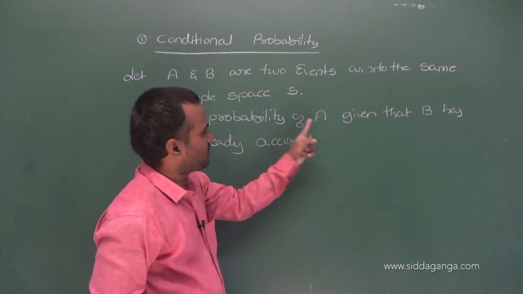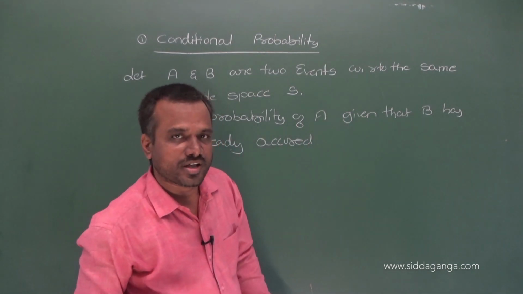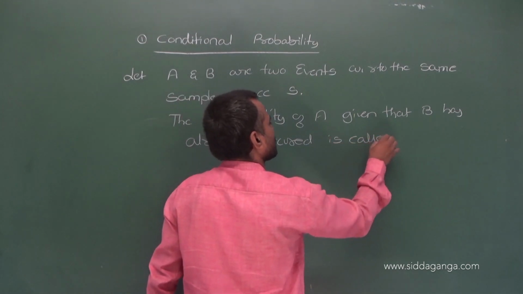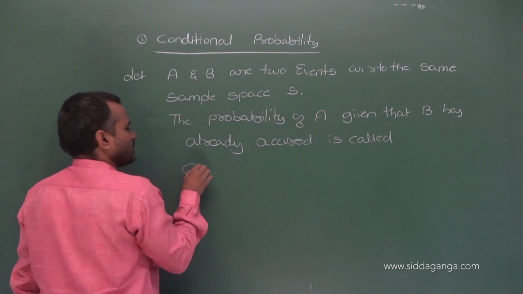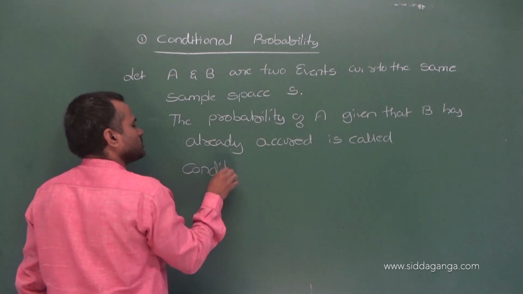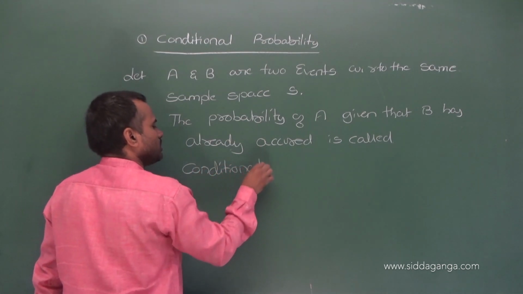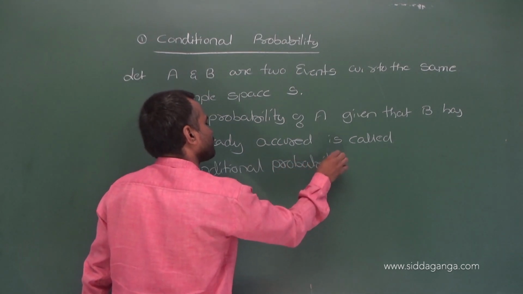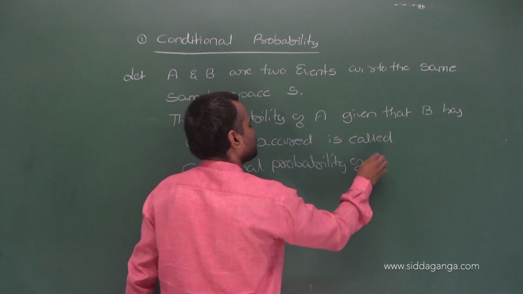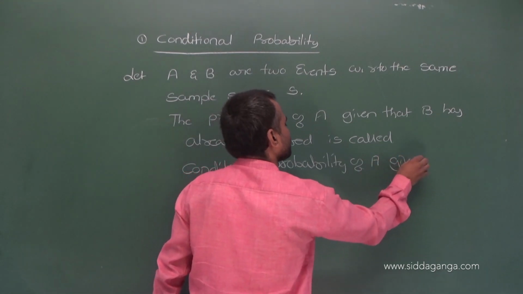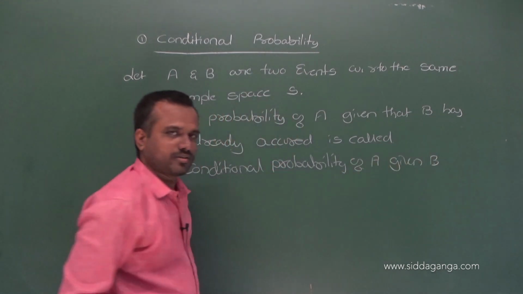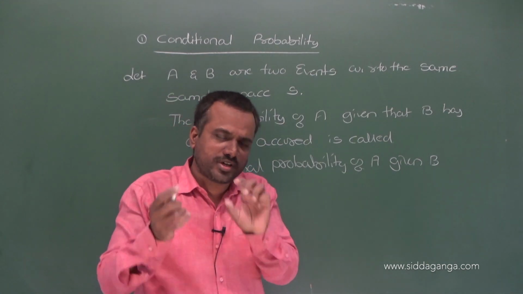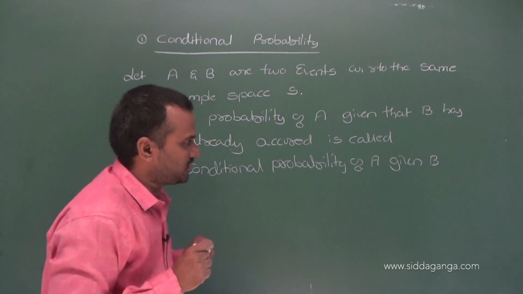The probability of A given that B has already occurred is called the conditional probability of A given B. I explain in my sentence manner; if you want a standard definition, we will see later.